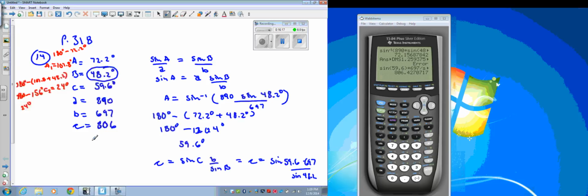I won't be able to draw it correctly, but that 806 would be a length here, and you brought it around right here, and this would be 806.